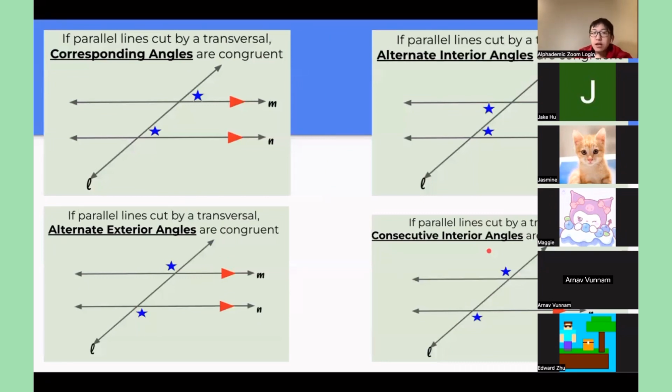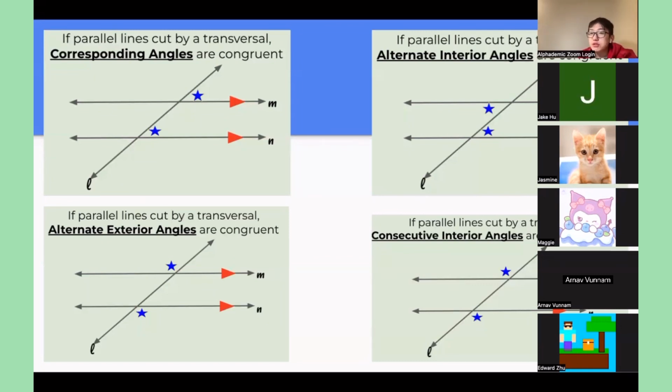All right, now going on to different kinds of parallel lines. So first, if parallel lines are cut by a transversal, corresponding angles are congruent. If parallel lines are cut by a transversal, alternate interior angles are congruent. If parallel lines are cut by a transversal, alternate exterior angles are congruent. And lastly, if parallel lines are cut by a transversal, consecutive interior angles are supplementary.